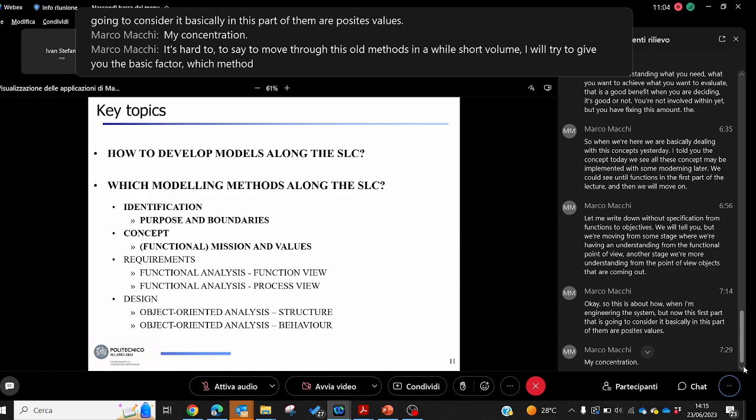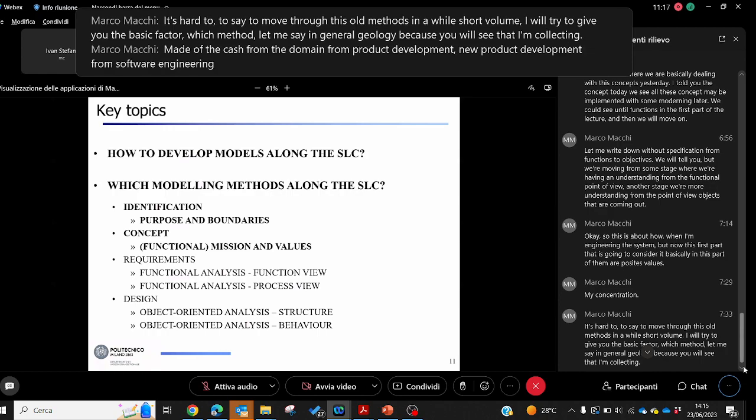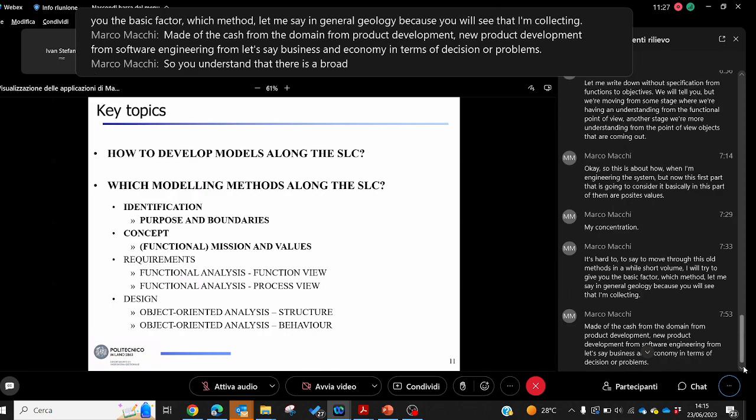Let me say in general the origin, because you will see that I'm collecting methods that come from different domains, from new product development, from software engineering, from business and economics in terms of decisional problems. So you understand that there is a broad set of domains where these methods may come from.